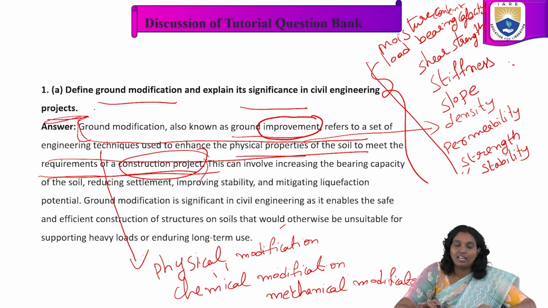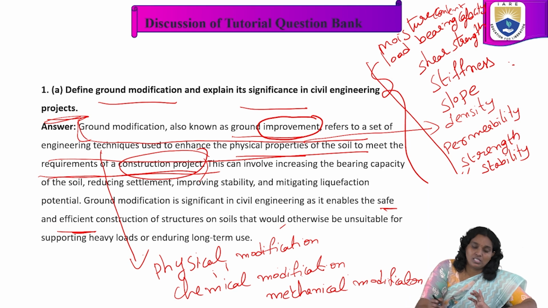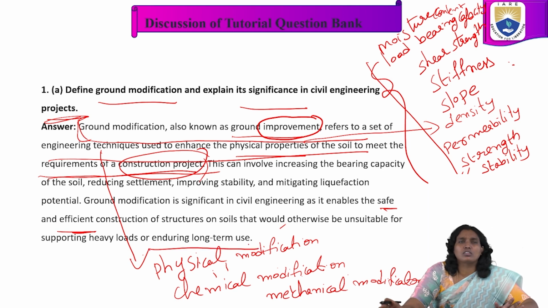What is the significance? Ground modification is significant in civil engineering as it enables the safe and efficient construction of structures on soils that would otherwise be unsuitable for supporting heavy loads and enduring long-term use.